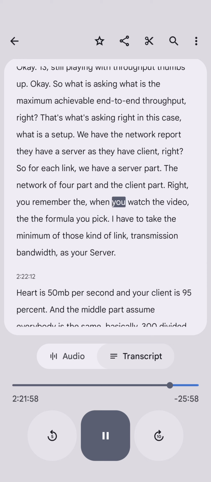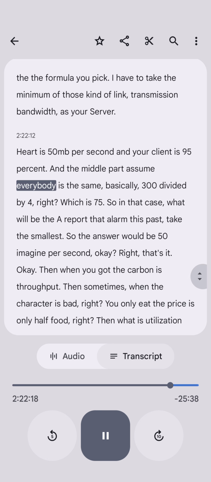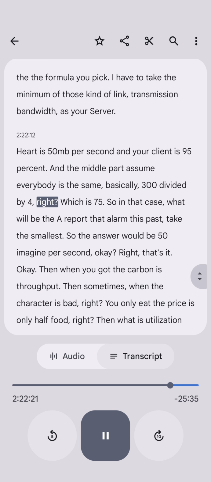Remember, when you watch the video, the formula is that you take the minimum of those link transmission bandwidths as your throughput. That makes sense? In this part, your server is 50 megabit per second, and your client is 90 megabit per second. And for the middle part, assume everybody is the same, basically 300 divided by 4, right? Which is 75. So what will be the throughput along this path? Take the smallest. So the answer would be 50 megabit per second. Okay? Got it? Okay.